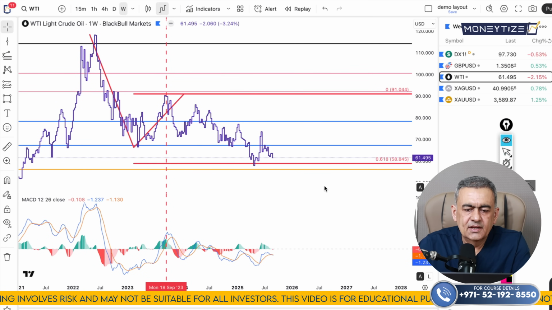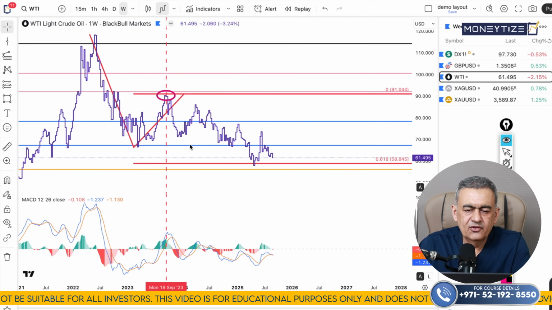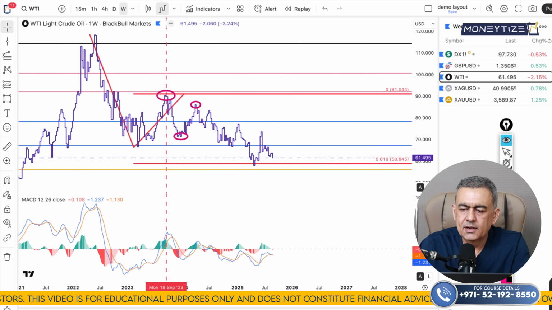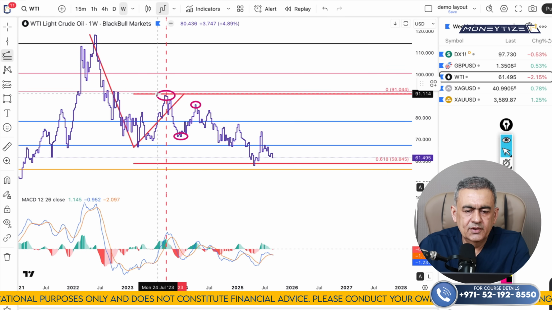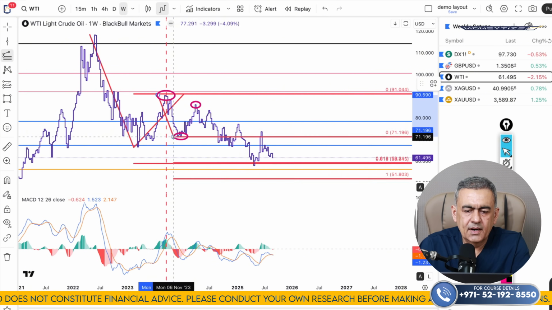I need to look for the next cycle, and we have high aligned with the positive histogram. We got the first low and the next pullback high, that is lower high. So I'm going to apply my next extension here. We need to continue with the extension unless we see a change in the pattern.